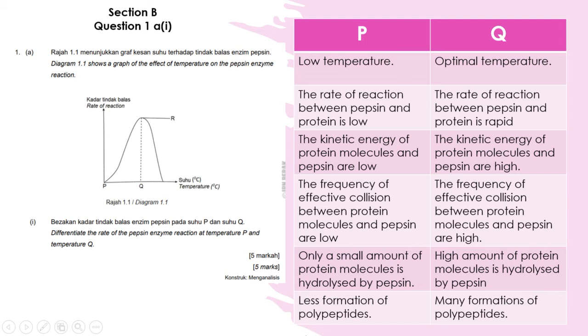So at temperature P, less formation of polypeptide, whereas at temperature Q, many formation of polypeptide. Polypeptide refers to the products. So this is the suggested answer for question 1A1. The full mark here is 5 marks.